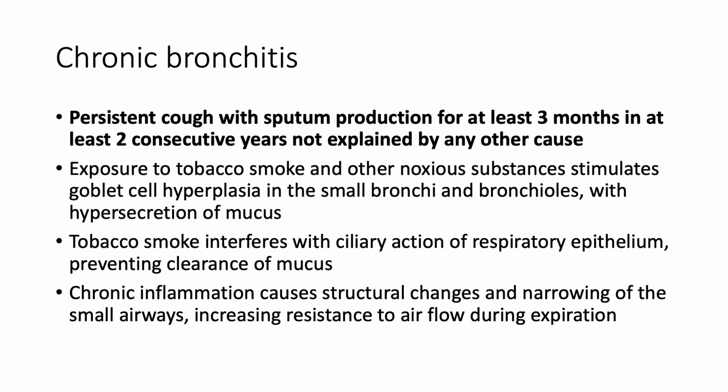The tobacco smoke also interferes with the normal ciliary action of the respiratory epithelium, so you can't clear the mucus. And this is going to lead to chronic inflammation that causes structural changes and narrowing of the small airways, and that's going to increase resistance to airflow during expiration.